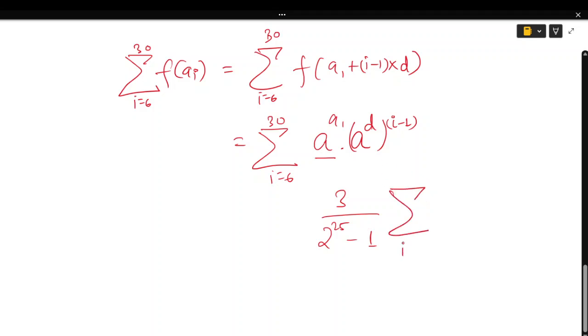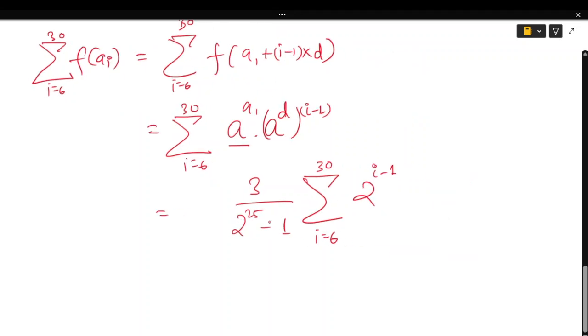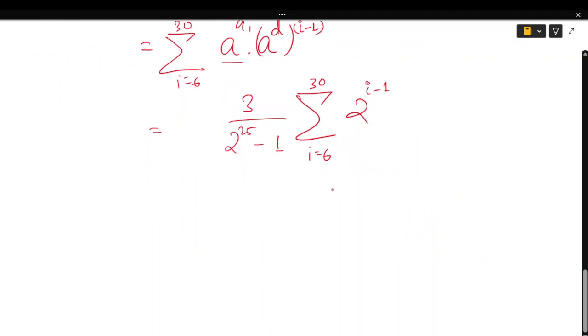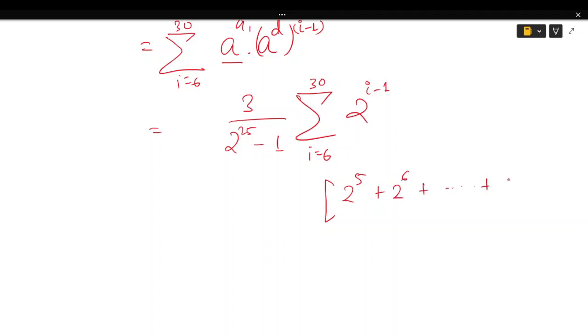Right now we get the summation i equal to 6 to 30 of 2 to the power i minus 1. Again, you see it is in geometric progression, because when you put 6, you get 2 to the power 5. When you put 7, you get 2 to the power 6, and so on, until i is 30, which gives 30 minus 1, which is 29.